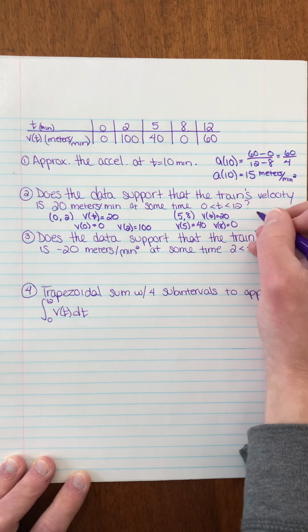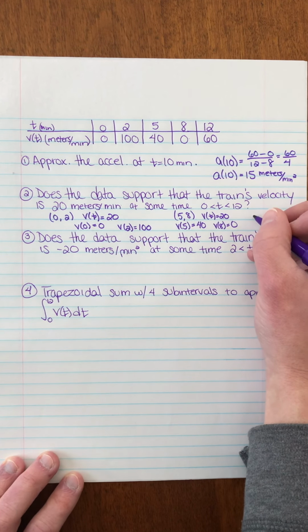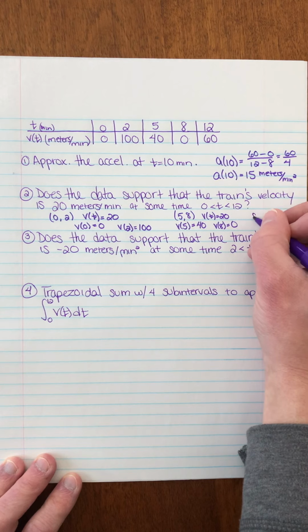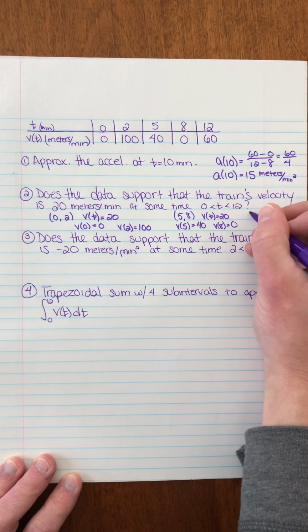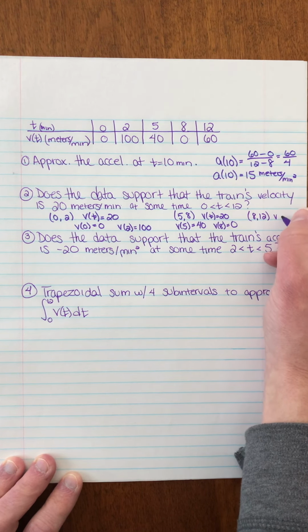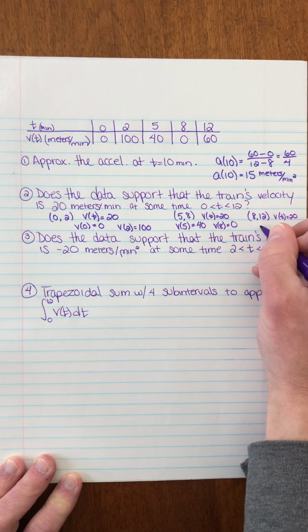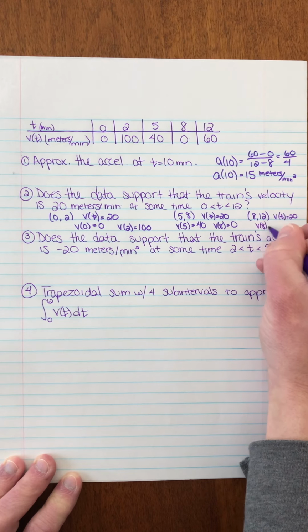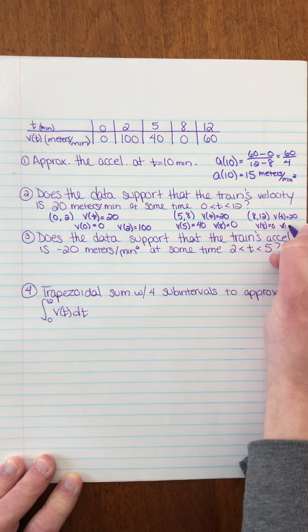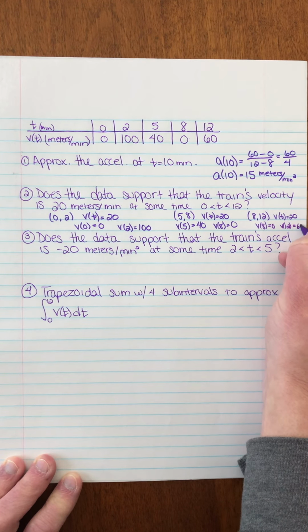So 20 is going to be somewhere between 0 and 60. So at one more point in time between 8 and 12, v of t is going to equal 20 because v of 8 is 0 and v of 12 is 60.